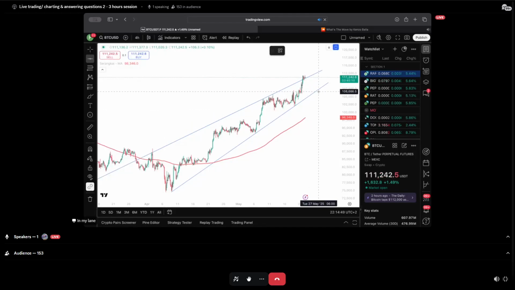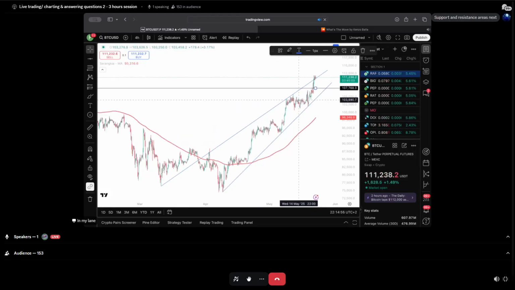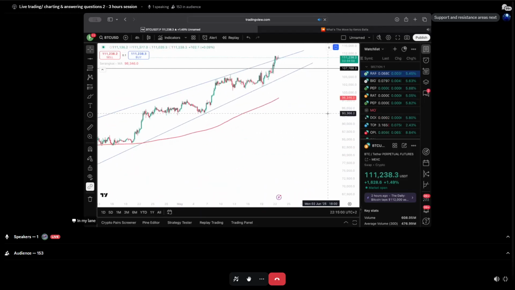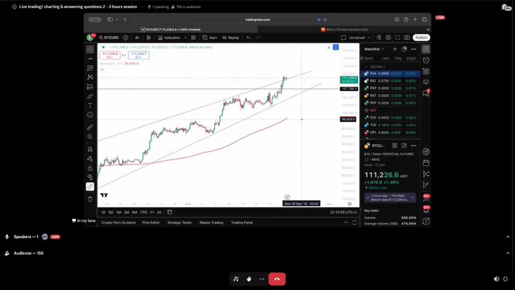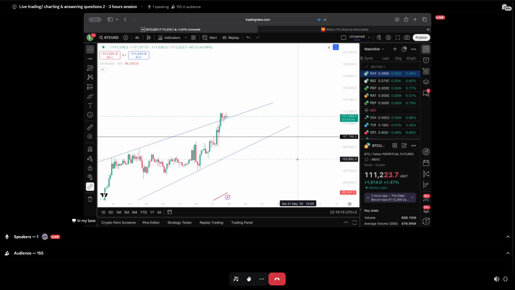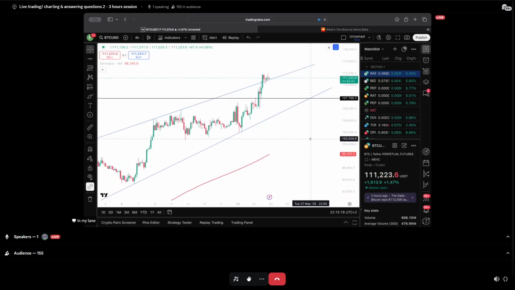A low time frame levels here, so it may take some time because it's not one level. I'll do them all the way up here because I'll be scalping for the next days. Some people always ask for my levels on some coins, so I give them, and that's how I trade.